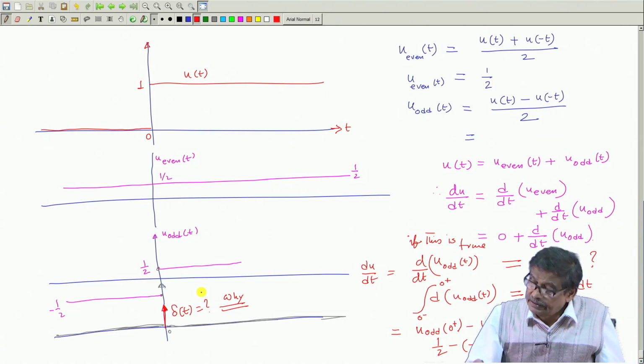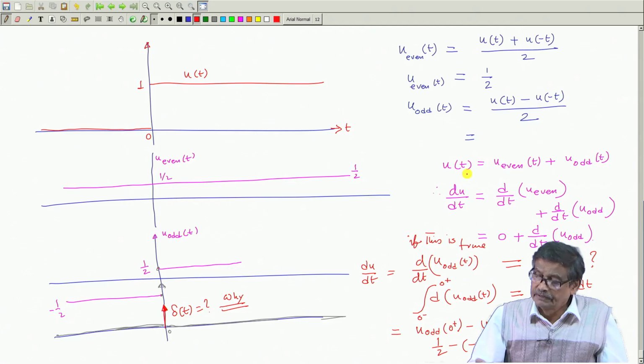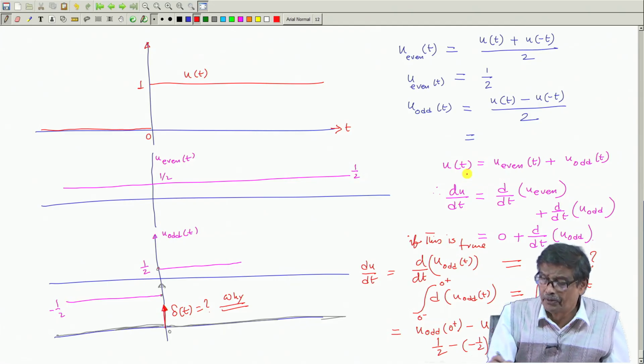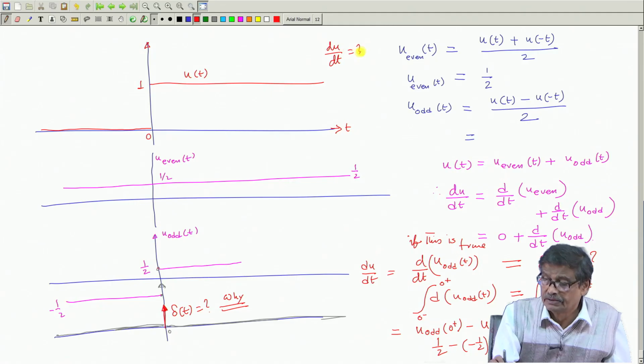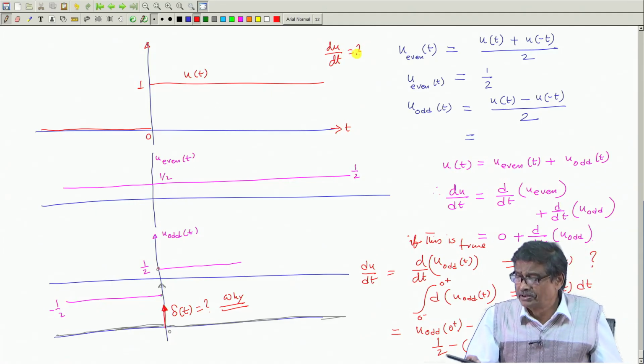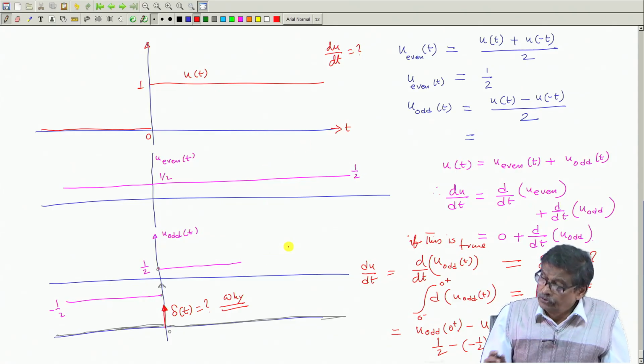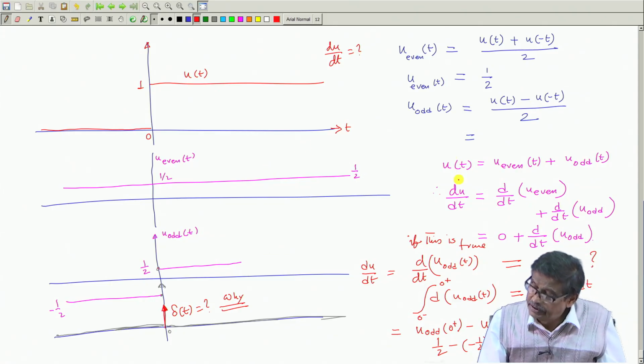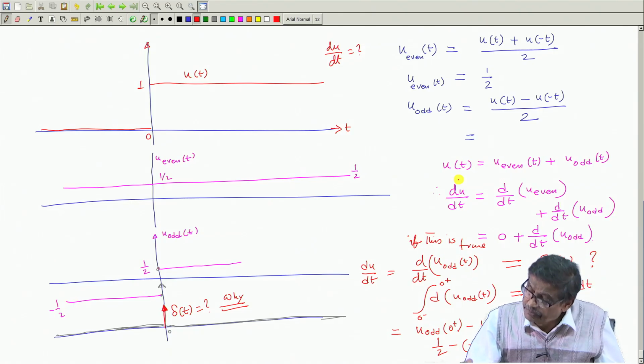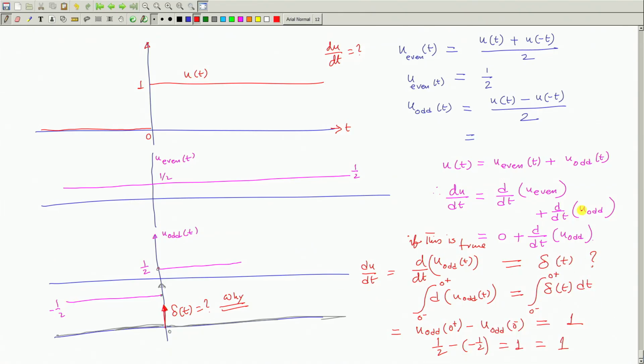What I did, this was the unit step function. My problem is to find out du/dt, how much. So, first I broke up this function as its even part and odd part, that is the even part, that is the odd part. So, differentiation of u t will be differentiation of even part plus differentiation of odd part.